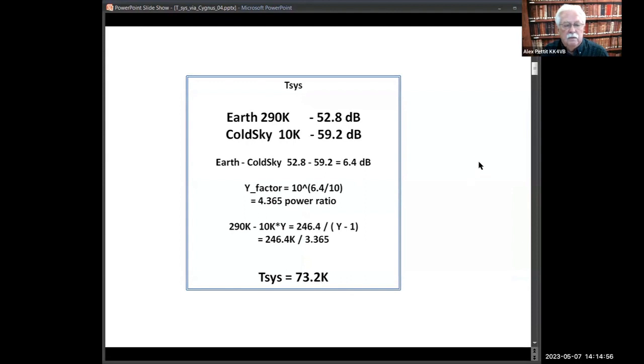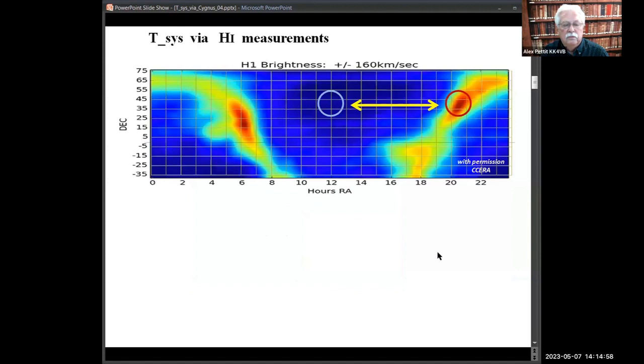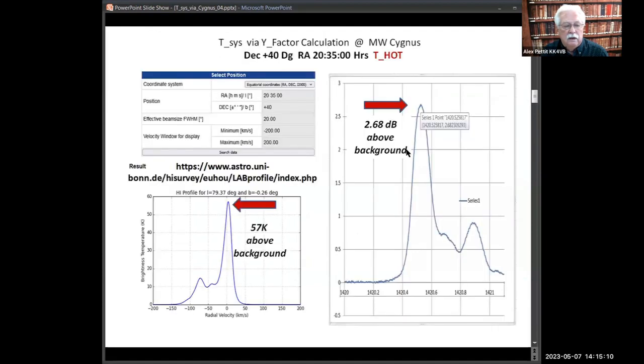And then I came up with another idea. Why not try Tsys measurements between two hydrogen brightness levels? There is this online calculator that I think Wolfgang pointed me to months ago, and you can put in the parameters of your antenna, the beam width, and locate any point in the sky, and it will give you the effective Kelvin temperature.